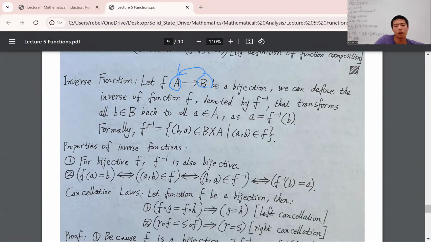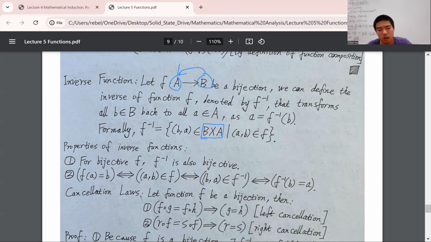So f⁻¹ is defined as the set of pairs (b, a) belonging to the Cartesian product B×A, where originally they were (a, b) from f.